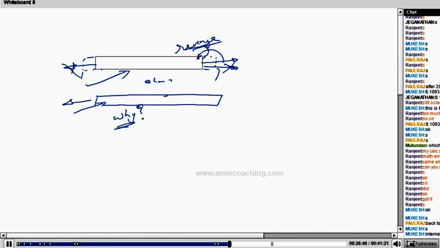And that energy, which helps the material regain its original shape, is called strain energy. You got the concept? What is strain energy?